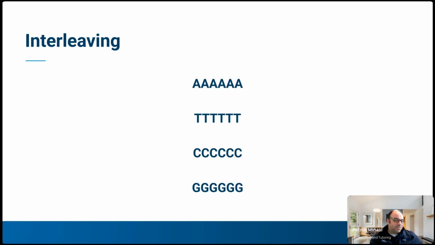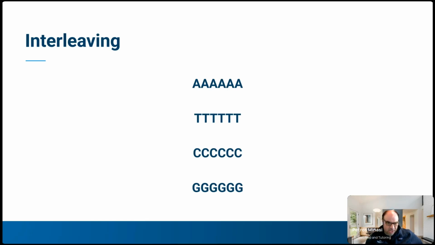Now, I chose some very specific letters for the purposes of today. I could very easily have just chosen A, B, C, and D, but I thought it'd be fun to choose A, T, C, and G, because, of course, DNA, and we're talking about bio. But when you're thinking about the concept of interleaving, the idea is that you are constantly mixing things up, right?